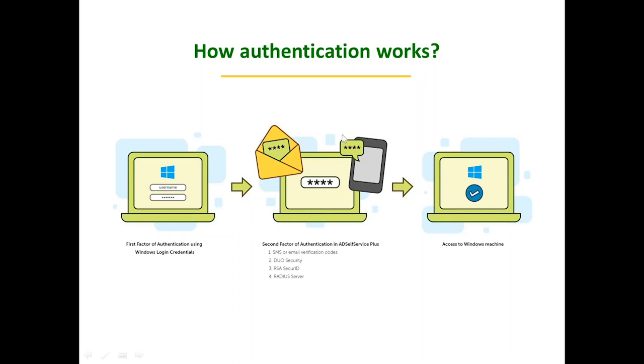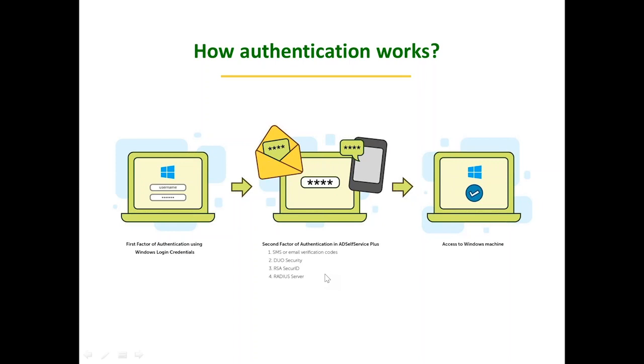With the help of Windows Logon two-factor authentication, which can be applied using ADSelfService Plus, we are going to verify the user's identity either via SMS or email-based verification codes. You can make use of Duo Security, RSA SecurID, or Radius server-based authentication in order to verify the user's identity.